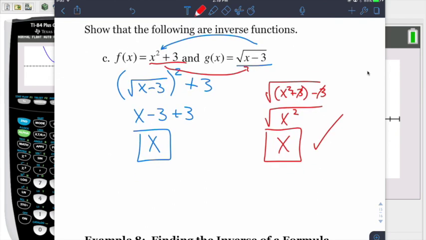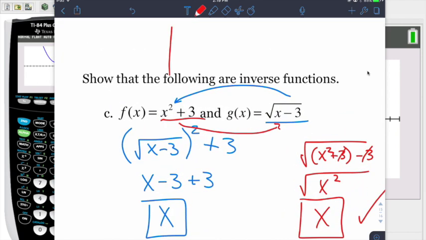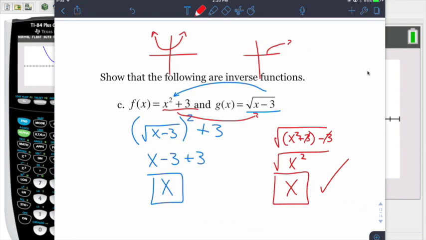So these should be inverses of each other right there. Now, there's actually something kind of technical here, you have to restrict the domain for this, because one of these graphs, x squared plus 3, kind of looks like this right here. And then square root of x minus 3 looks like this right here. It's only like half of the piece. So if you wanted to get into that pre-AP level, you have to restrict the domain.